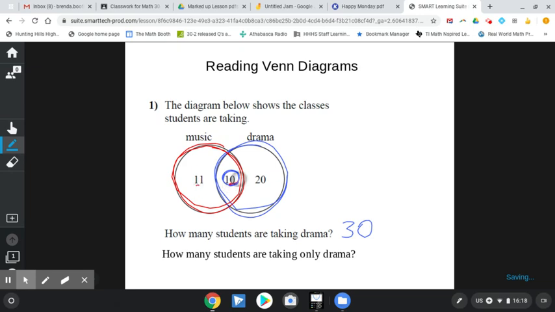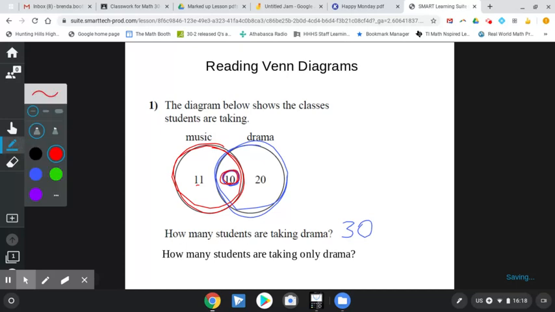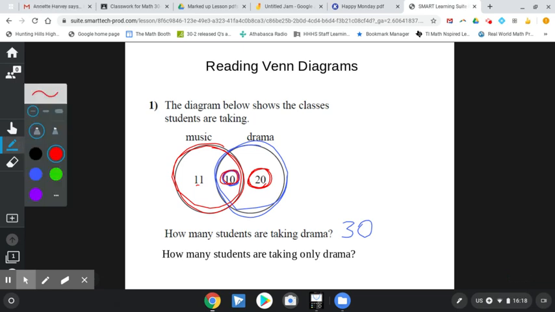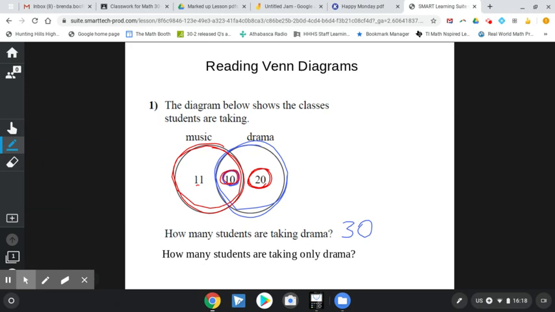Those 10 in the center take both music and drama. So our answer on this one is coming right from here, because these 20 people are in the drama circle, but they are not in the music circle. So 20 students are not taking music, but they are taking drama.